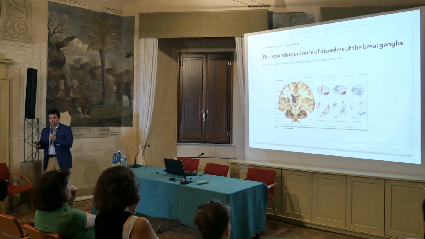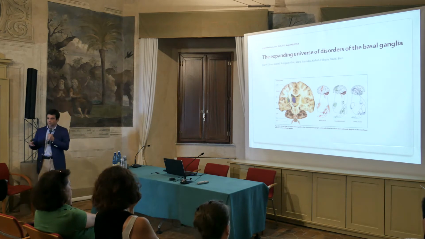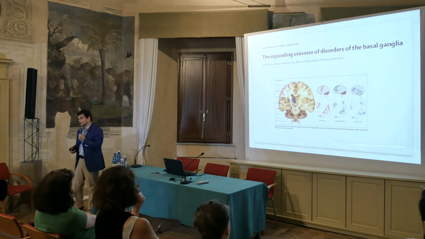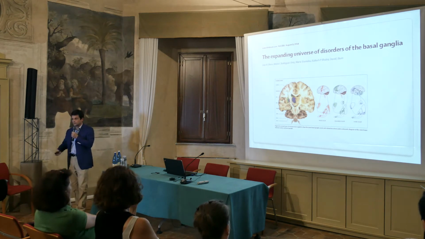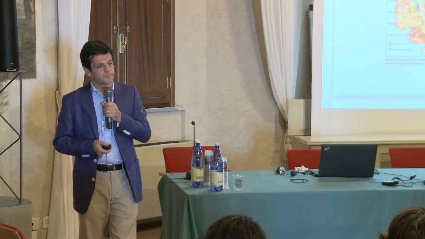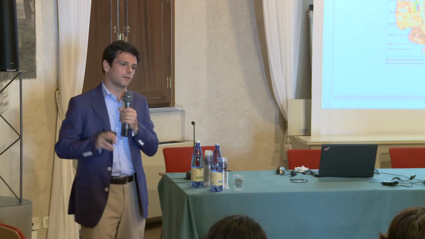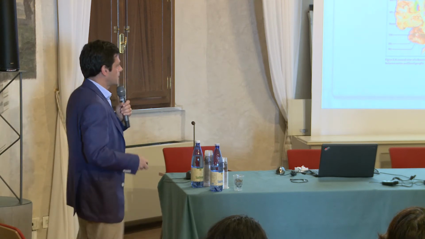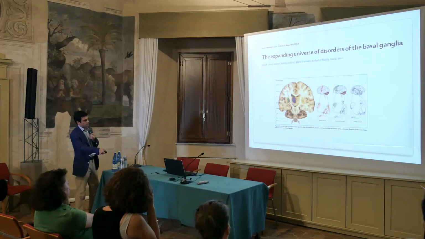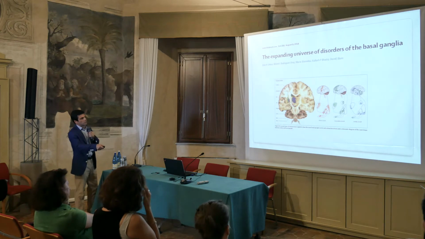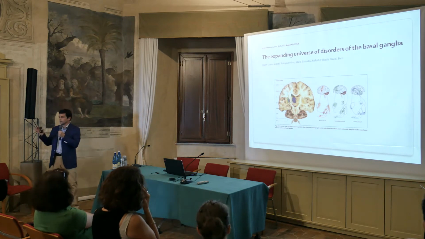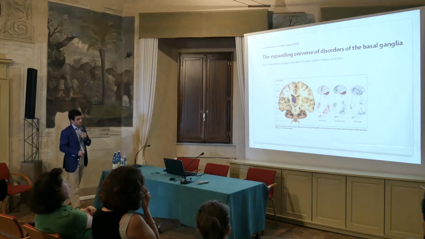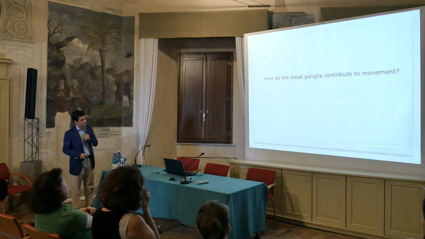Because if we thought that just Parkinson's disease or Huntington's disease were disorders of the basal ganglia, now we are aware that OCD, Tourette syndrome, even some conditions formerly considered purely psychiatric can be considered disorders of the basal ganglia. And this is based on these parallel loops that always belong to the basal ganglia, actually. So I think this is of extreme interest.